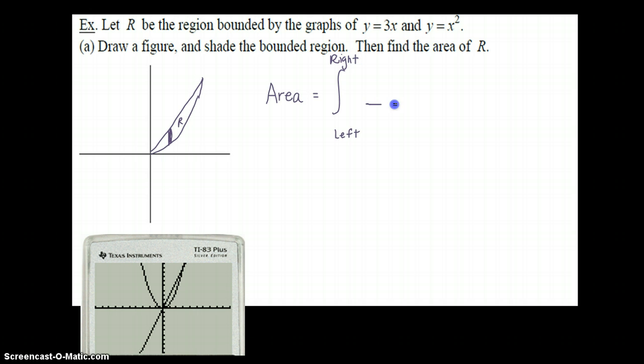And we know we're going to have a length times a width, because that's how the area would be formed for the representative rectangle. We should also know that the width of my rectangle is the delta x, which then equates in my integral to dx.